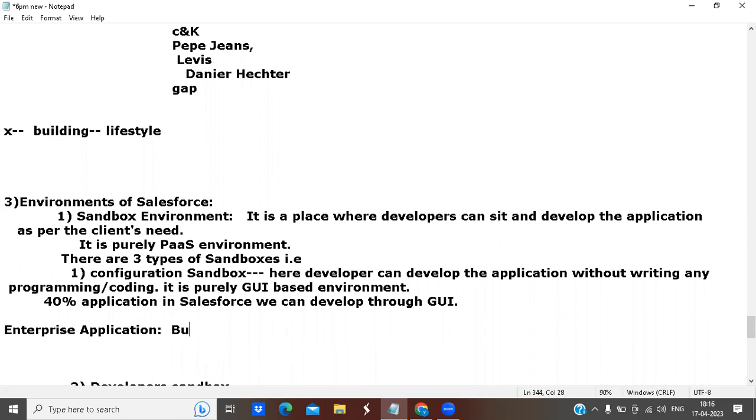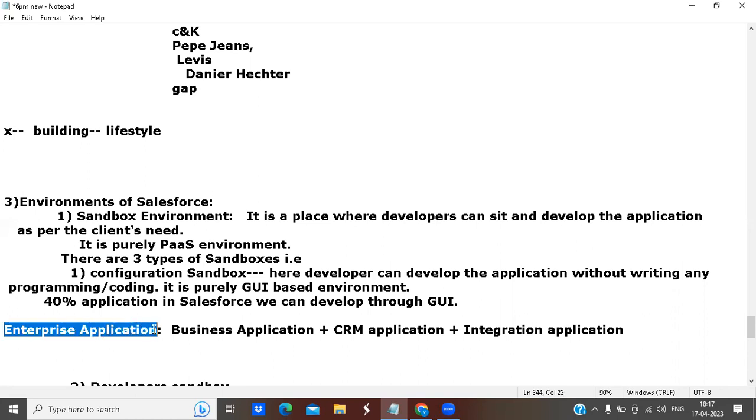One is business application. Second one, CRM application. Third one, integration application. Combination of all these three applications, we can call it as what? Enterprise application.